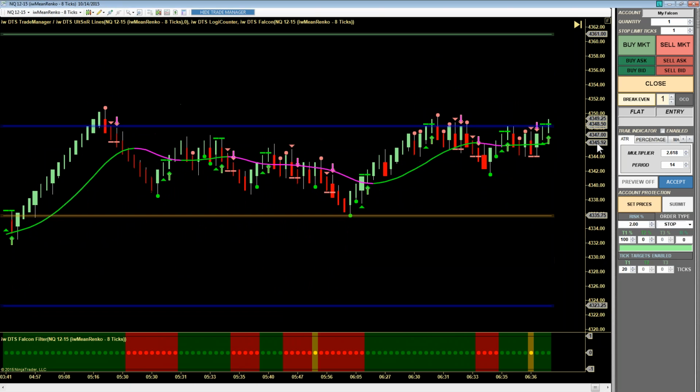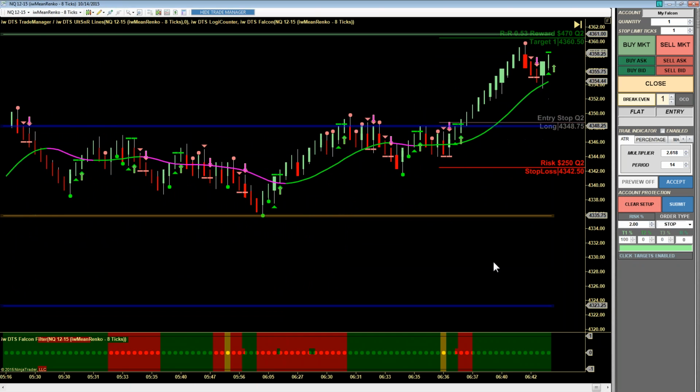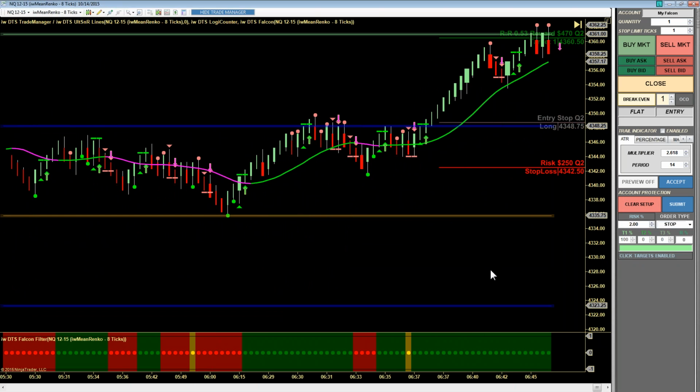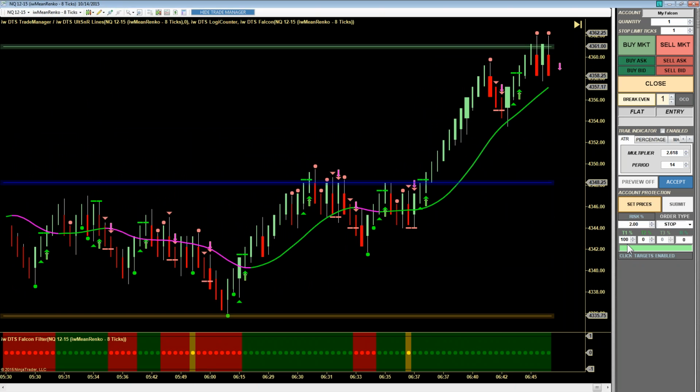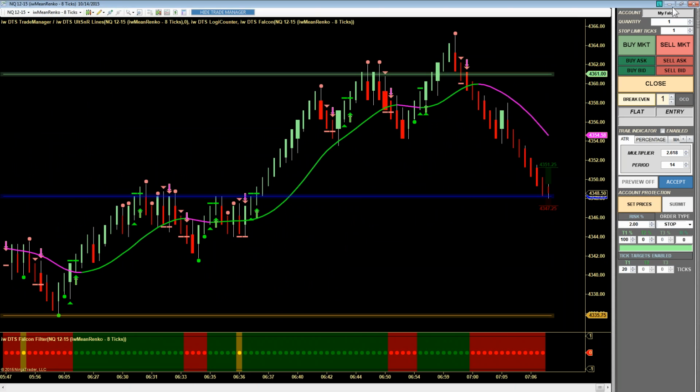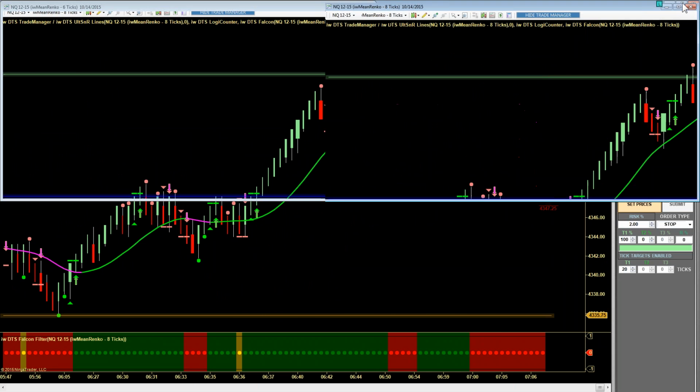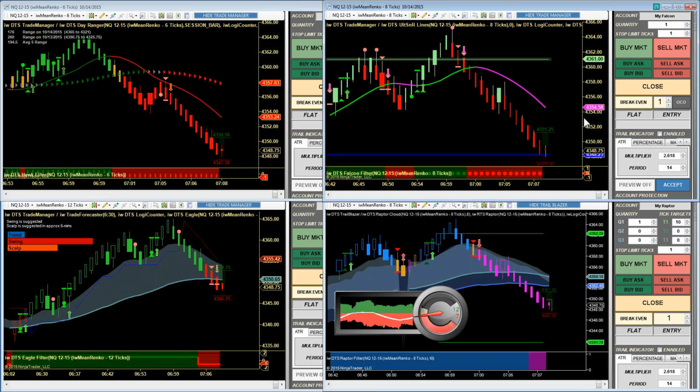I know some people who trade the support and resistance suite like to use manual targets, so they can set it up like this. And there you go. All right, back down to the primary resistance line. Probably see a little bit of a reaction there, I would think.